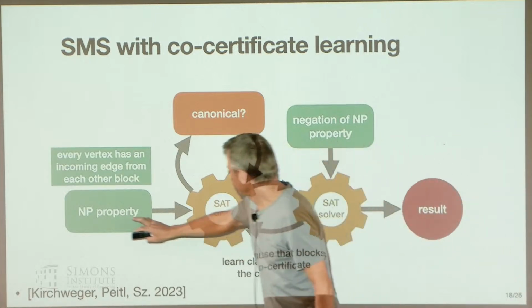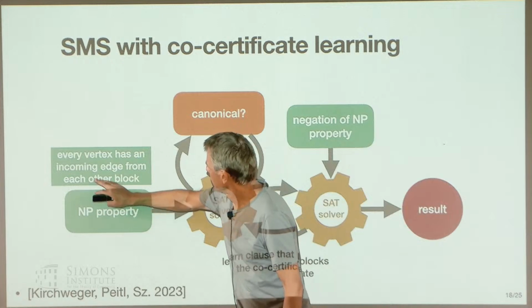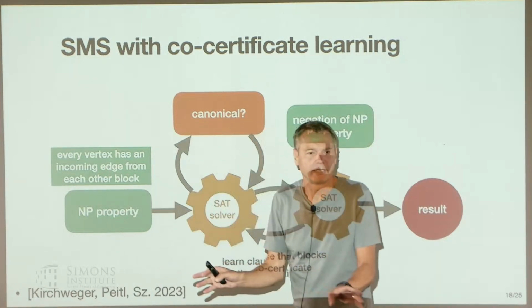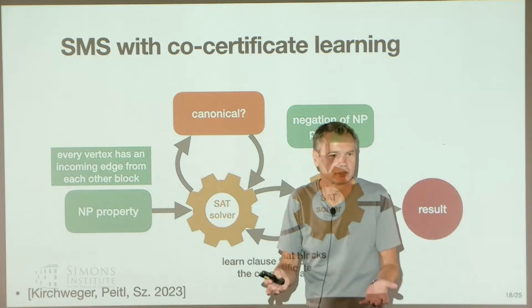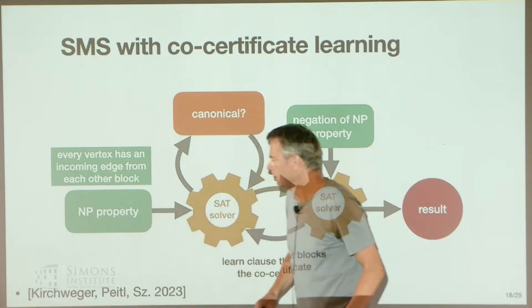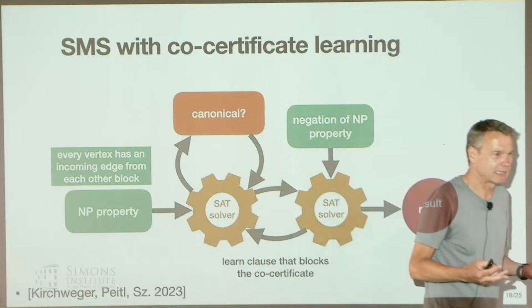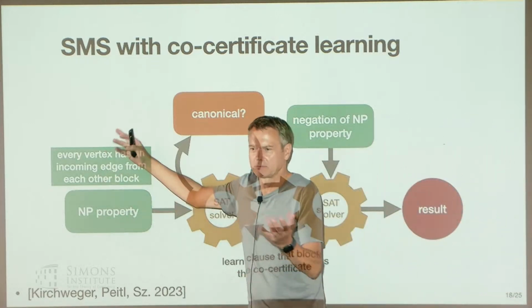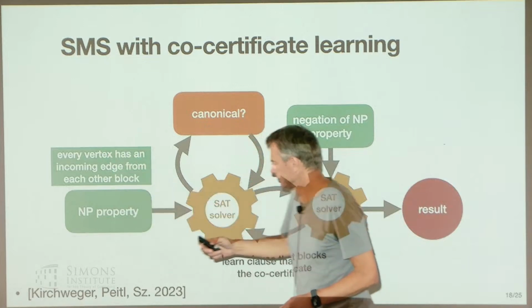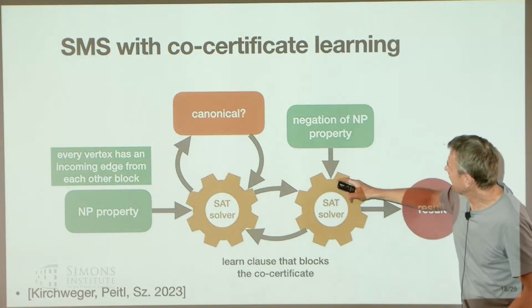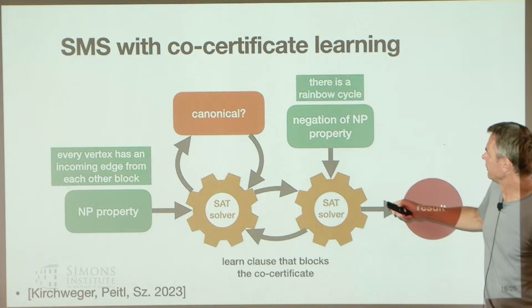Okay, so we store the certificate, and now for our problem, the rainbow cycle number. For the sub encoding, that every vertex has an incoming edge from each other block, we can express this, because it is an existential property, an NP property. But the non-existence of a rainbow cycle, encoding it here would blow up. It's a huge encoding size. So therefore, we have another subsolver which checks the negation of the NP property.